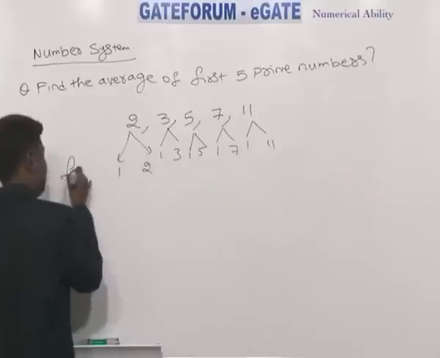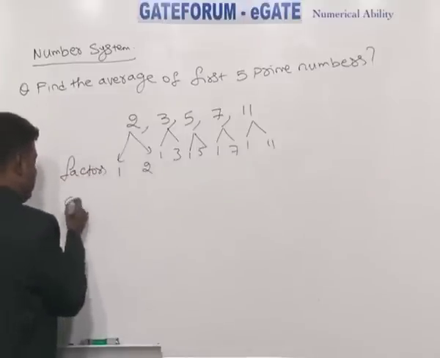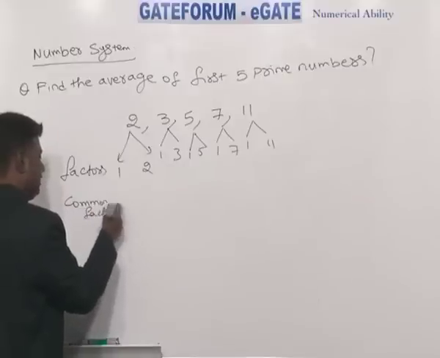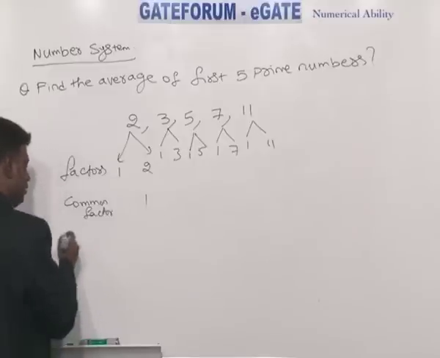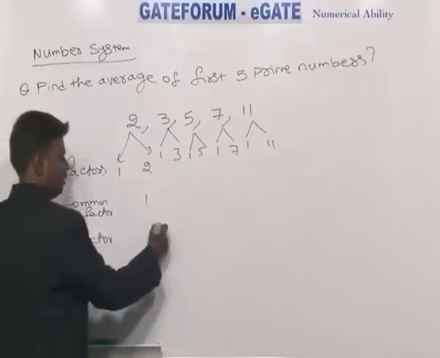We are talking about factors. What do you see here? Common factor is 1. There is also one more thing that you observe. The other factor. What is the other factor? Number itself.